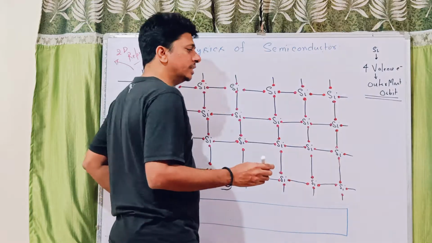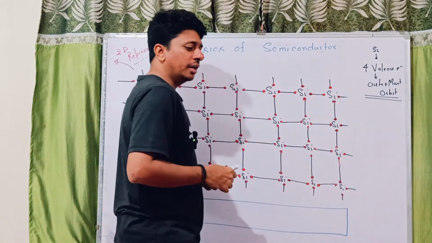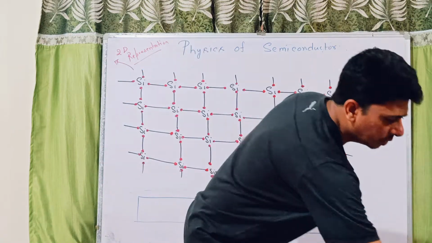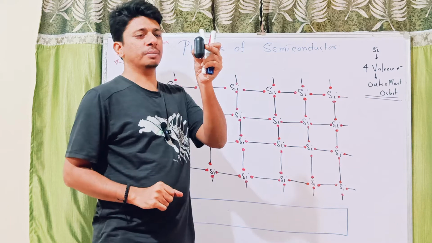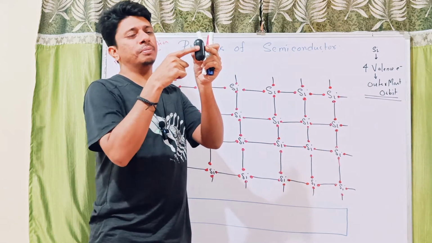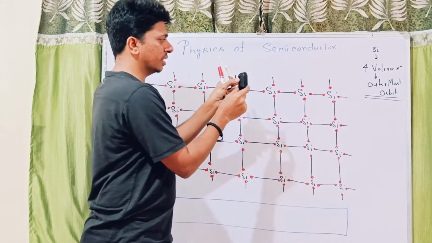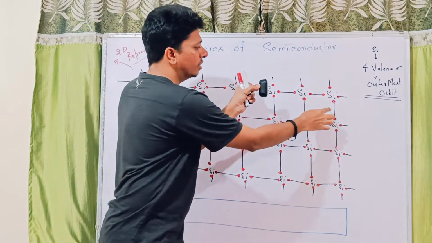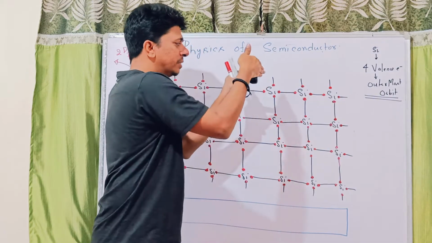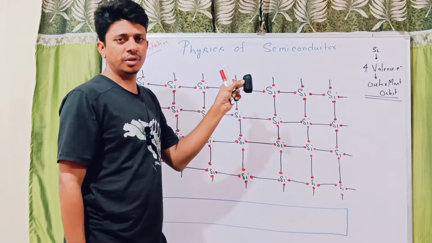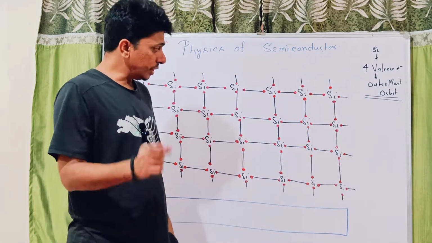This is the front face of your silicon sample, and all these silicon atoms, and those below, form the front face of your silicon sample, which is kept in the chamber.